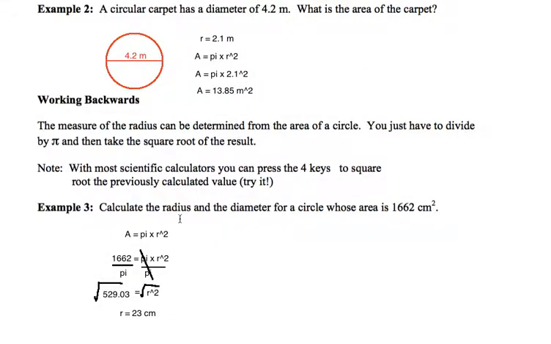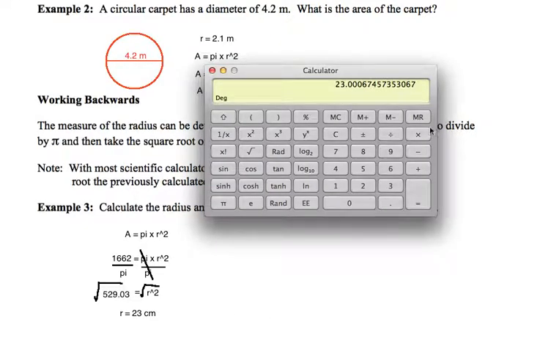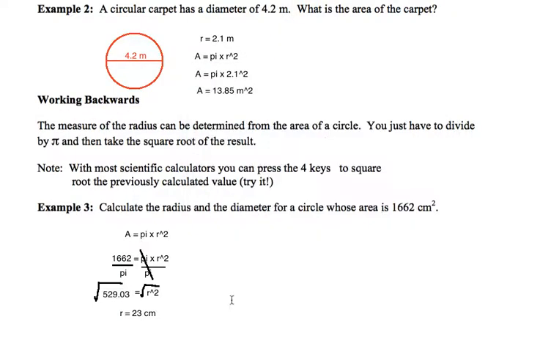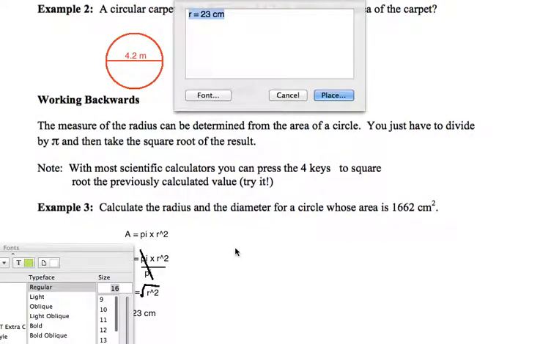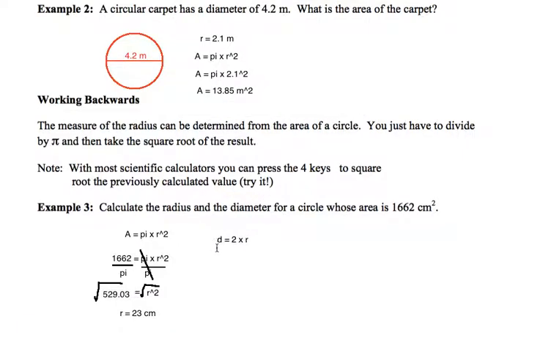Now, if that's the radius, I've got to find the diameter. I know I haven't finished the problem yet because the problem asked me for two different things. If I want to find the diameter, then I know the diameter is just twice the radius. So I can write that diameter equals 2 times the radius, just to make sure Mr. Parr knows that I know what I'm doing.